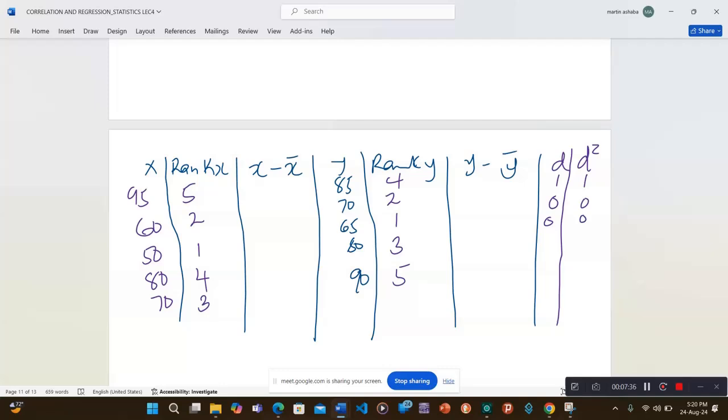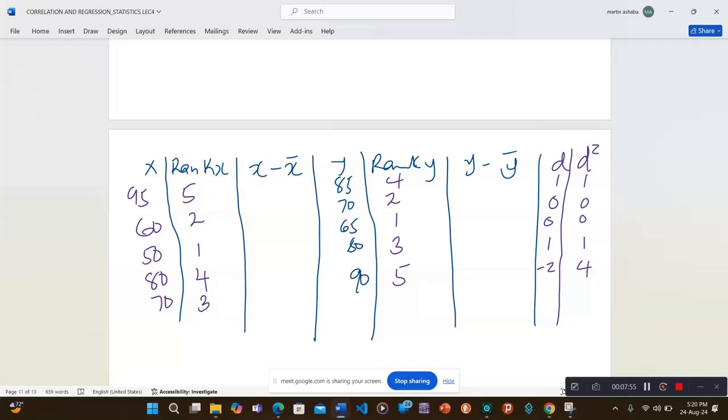Then 4 minus 3, I get 1. Then 3 minus 5, I get negative 2, I square it, I get 4.